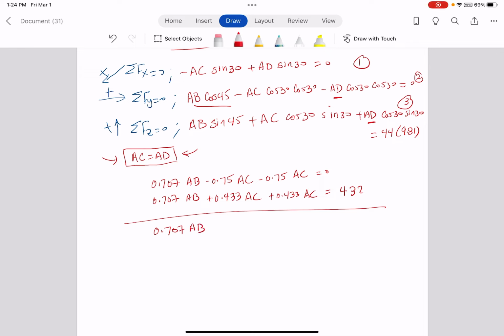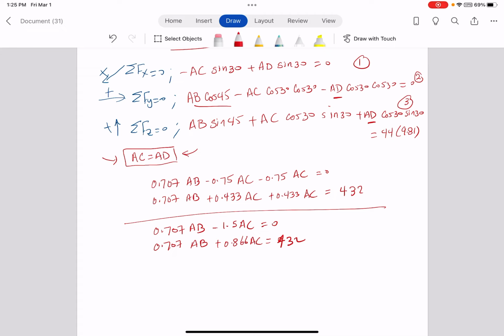So 0.707 AB, 0.75 plus 0.75, and that is minus 1.5 AC equal to 0. 0.707 AB, 0.433 plus 0.433, and that is plus 0.866 AC equal to 432.